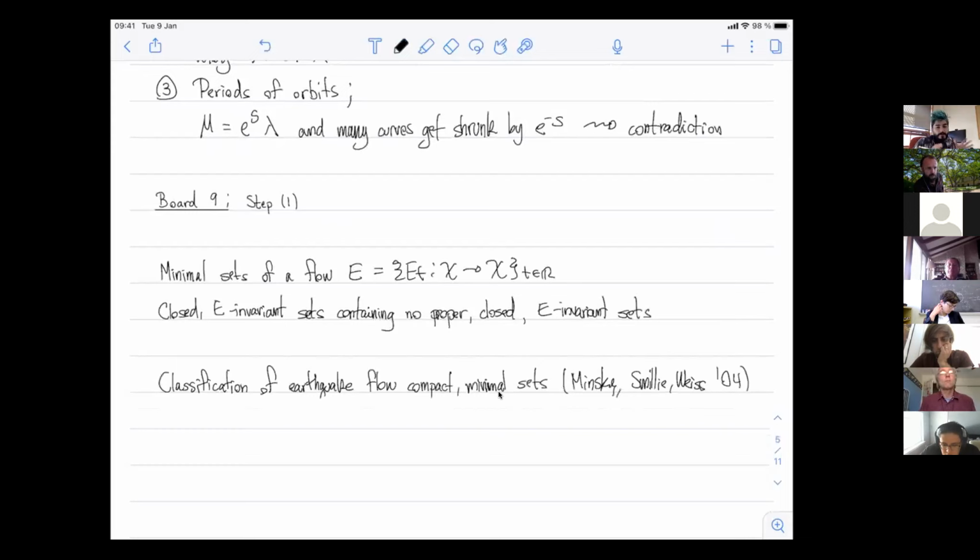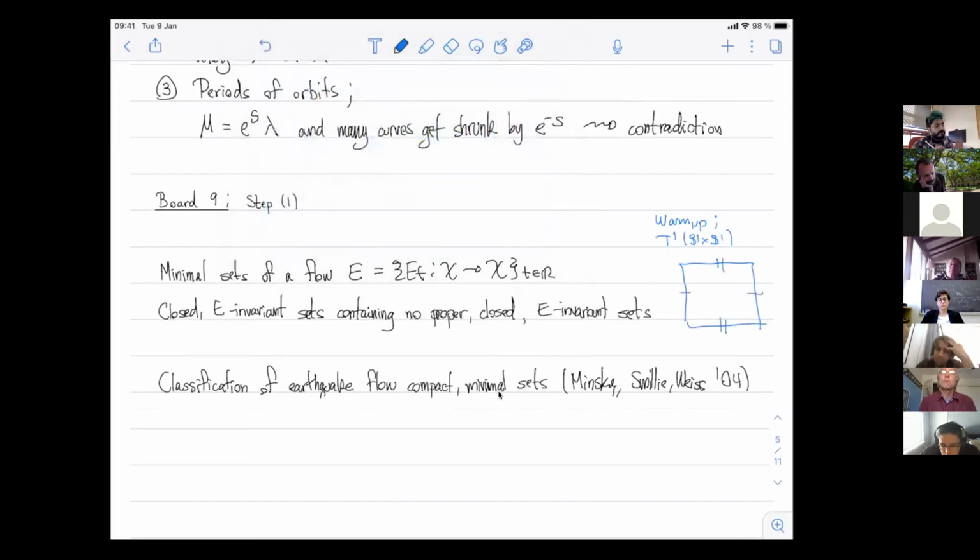But before I mention what the classification is, let me do a very simple warm-up, and think about what the minimal sets are on a torus. Suppose you're working on the unit tangent bundle of S1 cross S1. You have opposite sides identified.